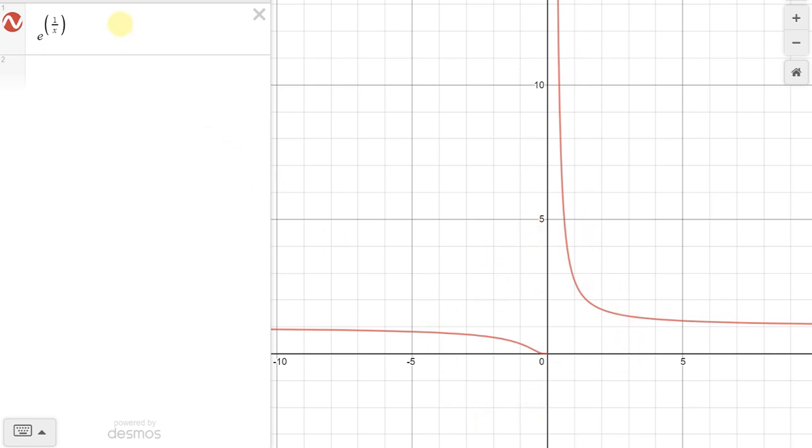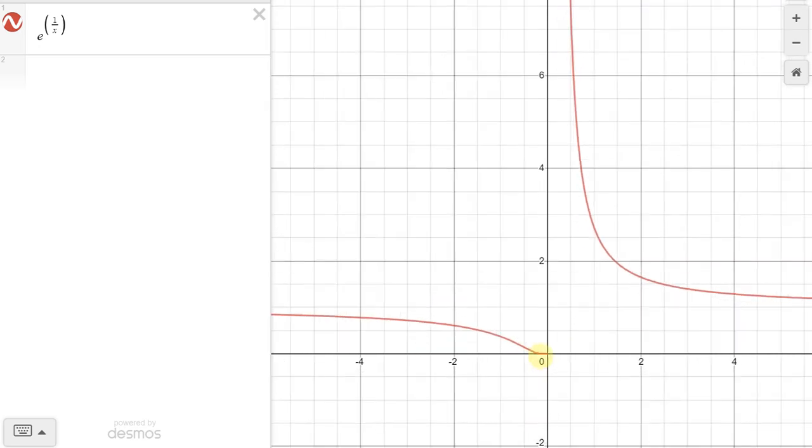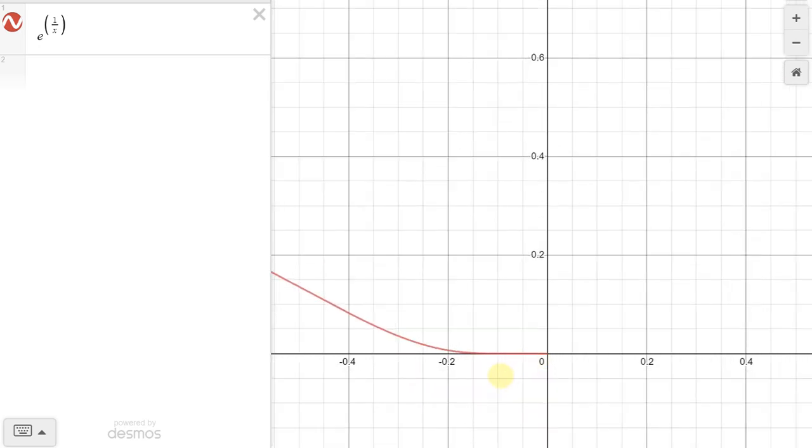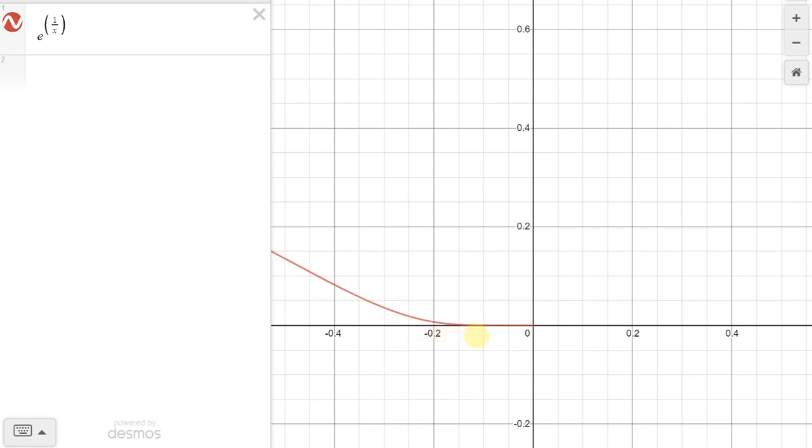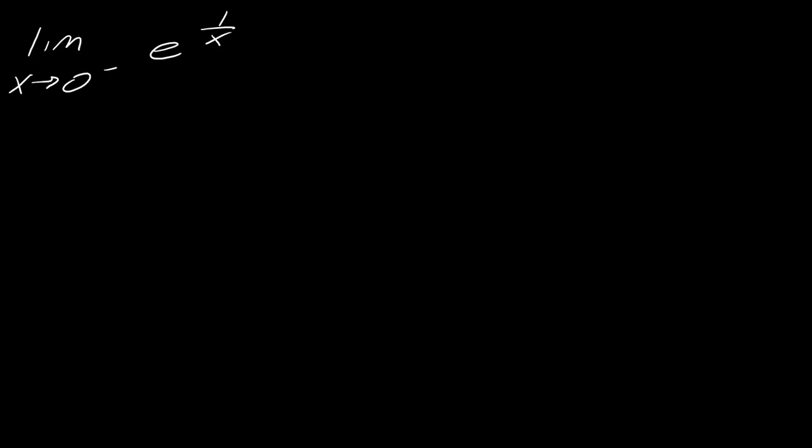But remember, we're trying to look at what happens as we approach 0 on the left. So 0 on the left would be over on this side, right? And so I can see what it appears to be approaching. If I zoom in here, it looks like we're probably going to 0, right? So let's see if we can actually back that up with some math.